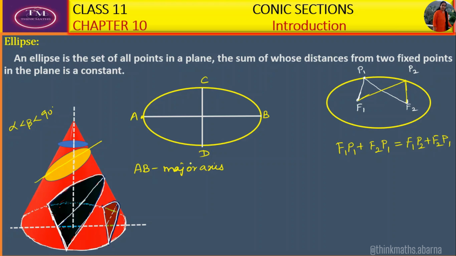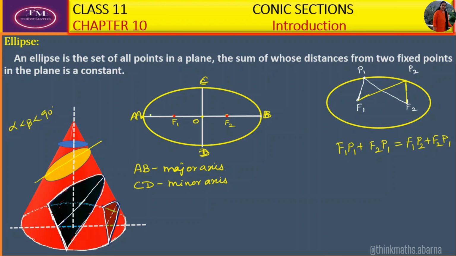And CD is smaller than this. So CD is called the minor axis. Okay. AB is called the major axis and CD is called the minor axis. Now let us take the focus. Focus as F1 and F2 and this point as origin.